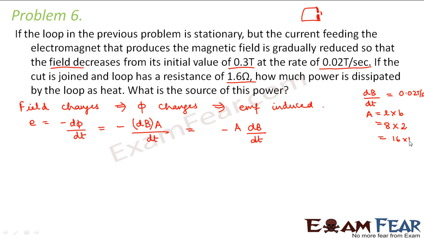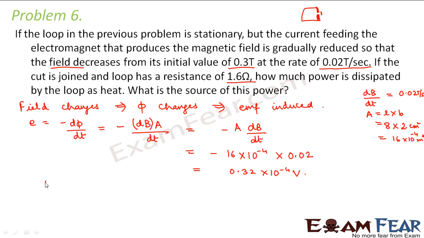So this will be 16 into 10 to the power minus 4 meter square. This was in centimeter, right? So the induced EMF will be equal to 16 into 10 to the power minus 4 into 0.02. This comes out to be 0.32 into 10 to the power minus 4 volts. So this is the induced EMF between those 2 points.